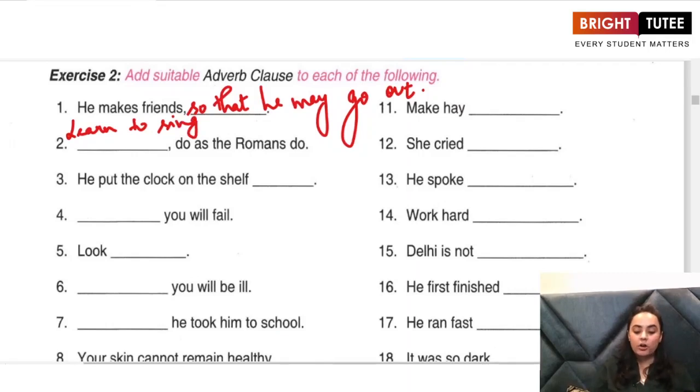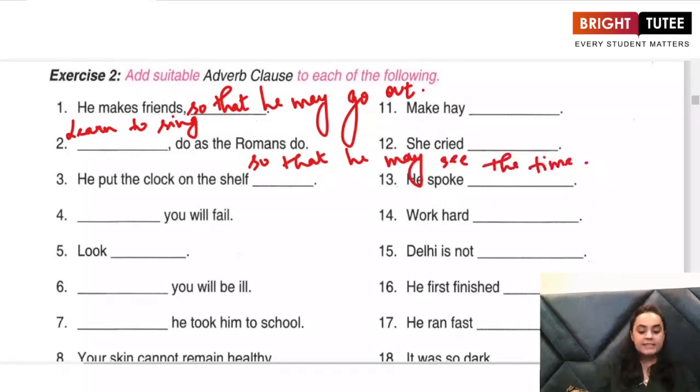He put the clock on the shelf so that he may see the time properly. Dash, you will fail. Work hard, lest you will fail. Look where he is going.